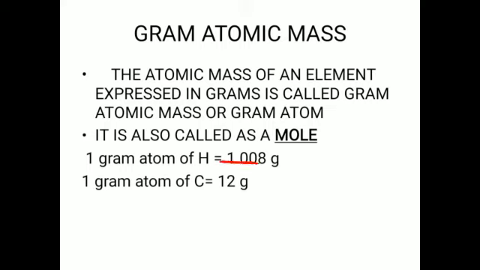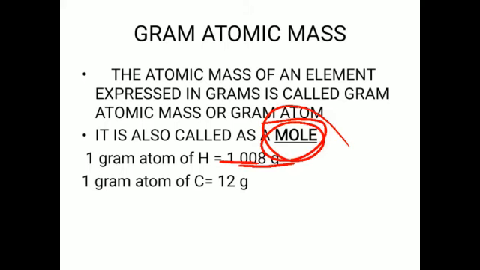That's the relative atomic mass of hydrogen. When I express this mass in grams, it becomes 1 gram. So the atomic mass of hydrogen when expressed in grams is called gram atomic mass, and when gram atomic mass is calculated, in fact we are calculating the molar mass.